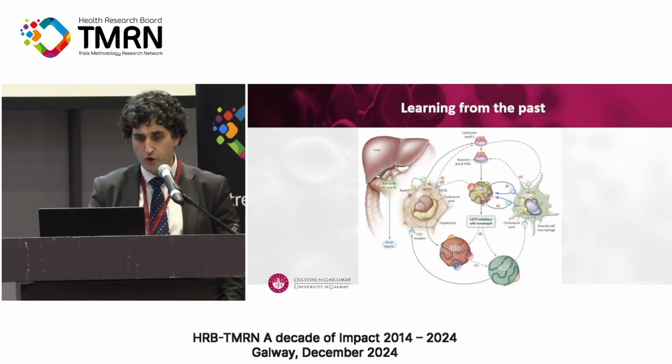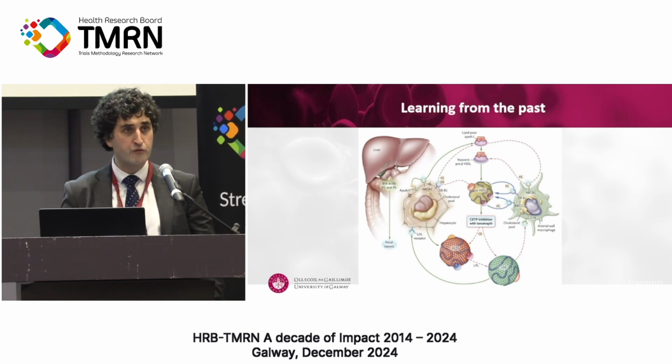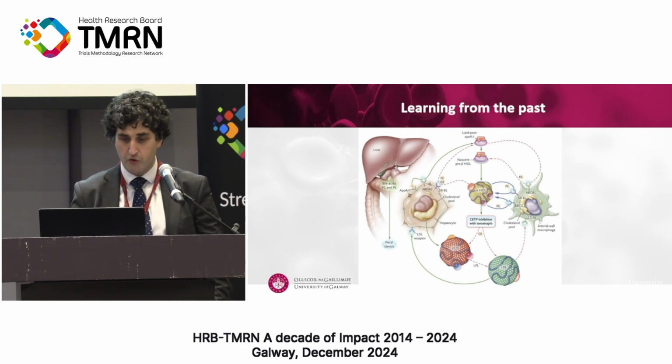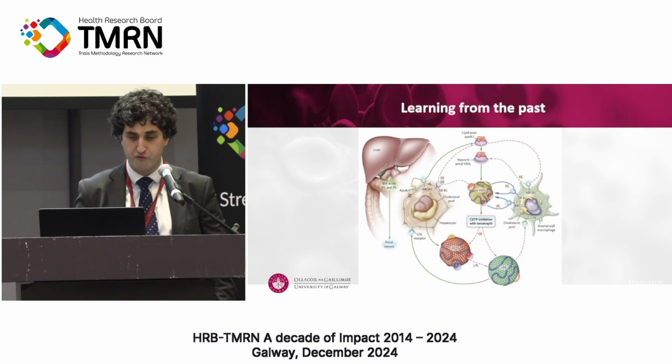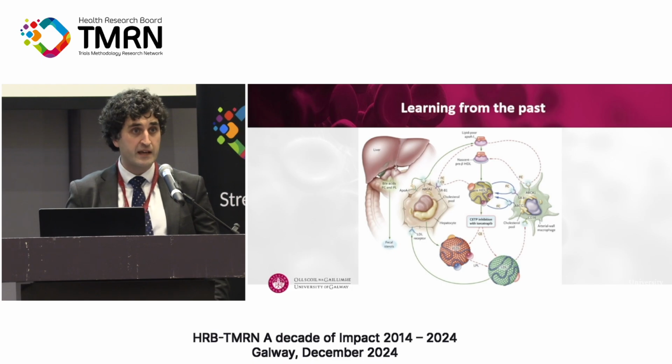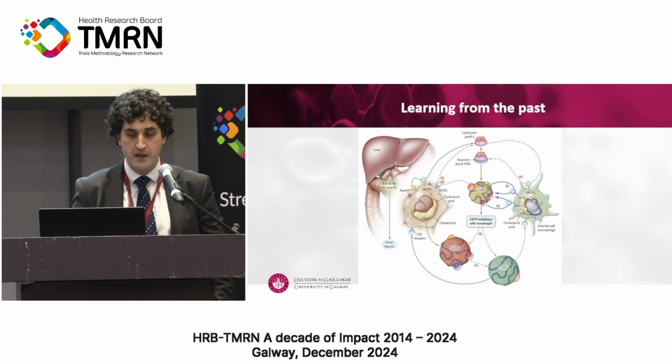And we really need to learn from the past and learn from previous mistakes that have been made, and medicinal products that were successful in phase 2 trials, but actually caused harm in phase 3 trials. So an example of this is the CETP inhibitors that were medication that increased your HDL cholesterol, increased your good cholesterol.